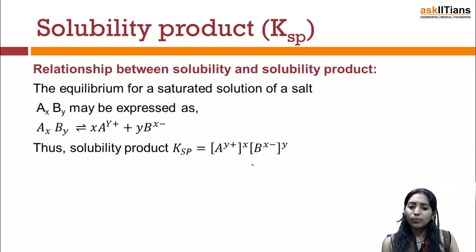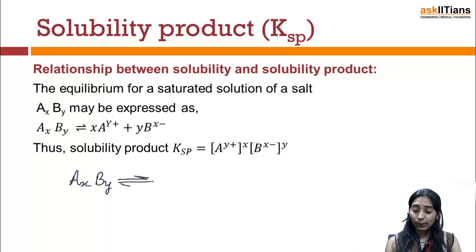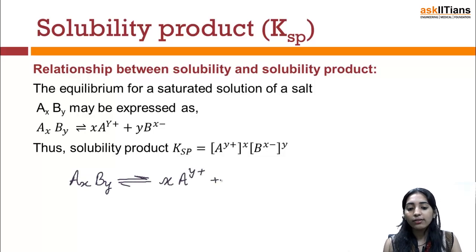Now let's talk a little more about the solubility product and find out the relationship between the solubility and the solubility product. Let's say the equilibrium for a saturated solution of a salt AxBy may be expressed as follows. Let's consider the salt AxBy, which is in equilibrium with x moles of Ay positive and y moles of Bx minus.